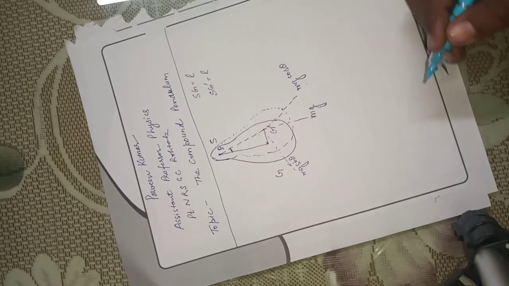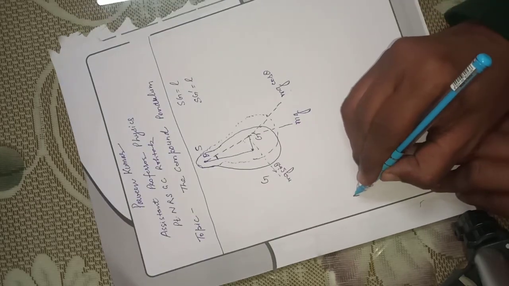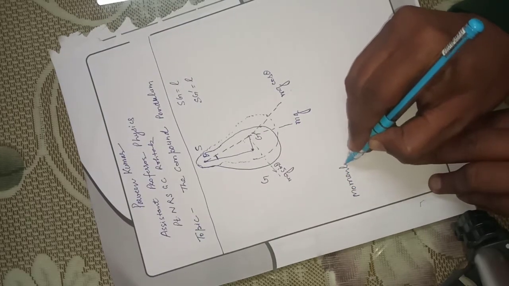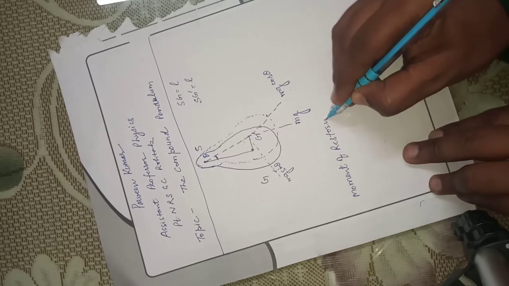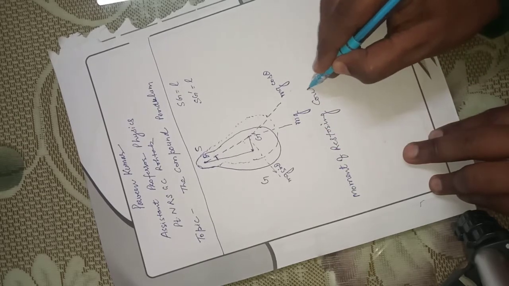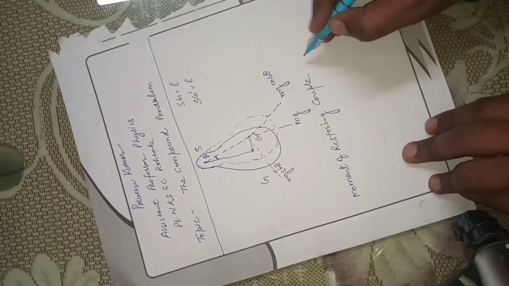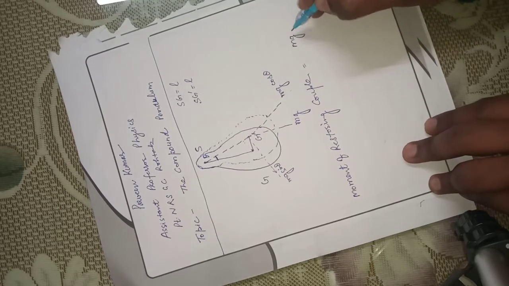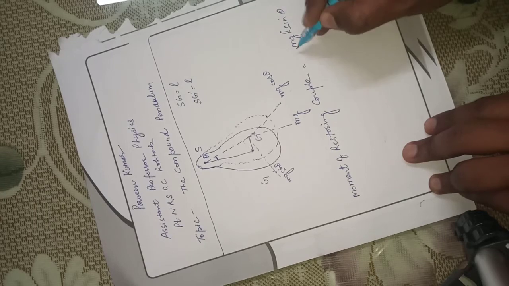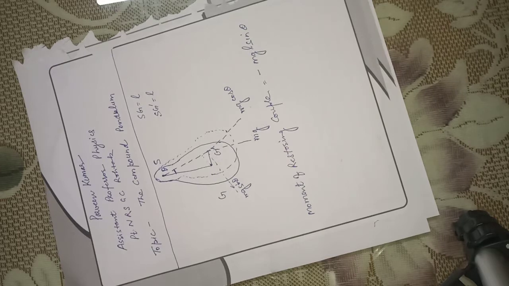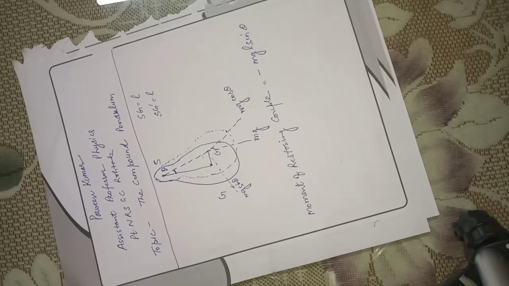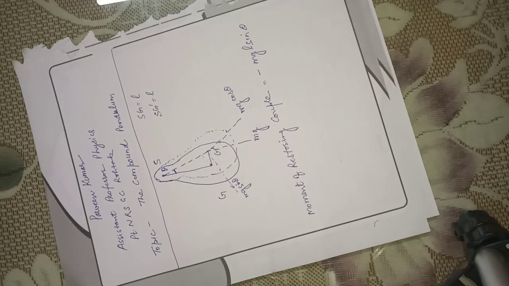So the moment of the restoring couple comes out to be minus mgL sine theta. The negative sign indicates that the couple is oppositely directed to the displacement.